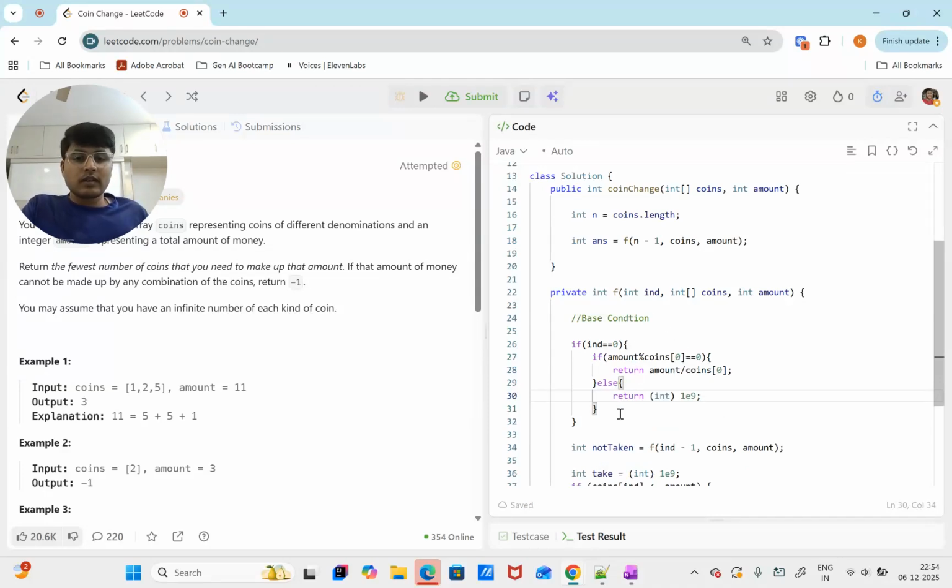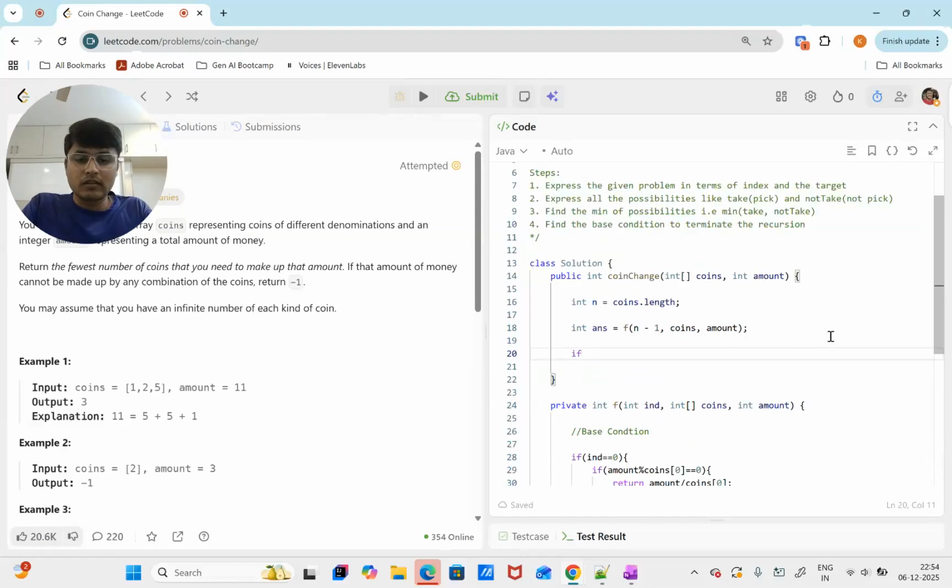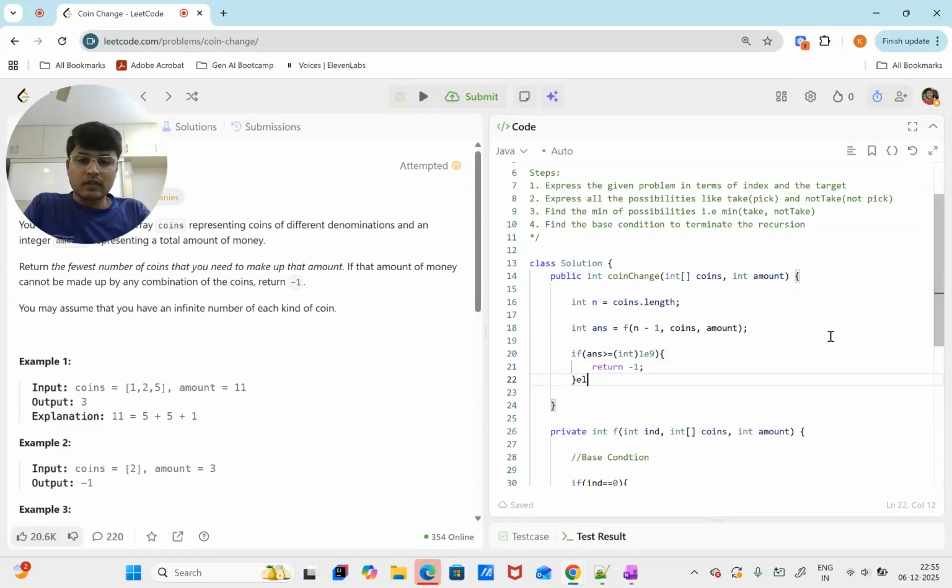So this is our base condition. We'll check here, means it is greater than the largest number, else we can return answer.